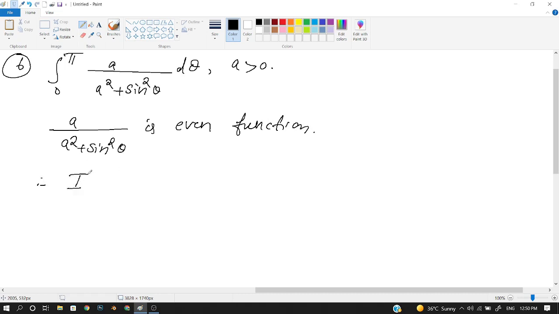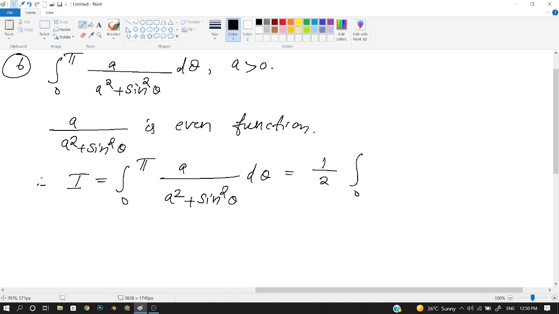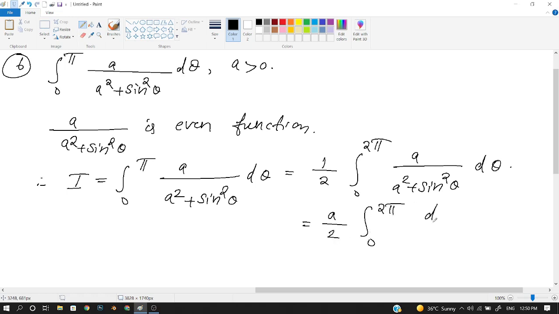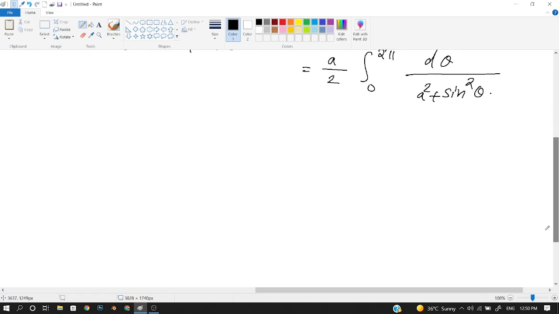So I equal to integral from 0 to pi a by a square plus sin square theta d theta is equal to 1 by 2 integral 0 to 2 pi a by a square plus sin square theta d theta. So this is equal to a by 2 integral 0 to 2 pi d theta divided by a square plus sin square theta.